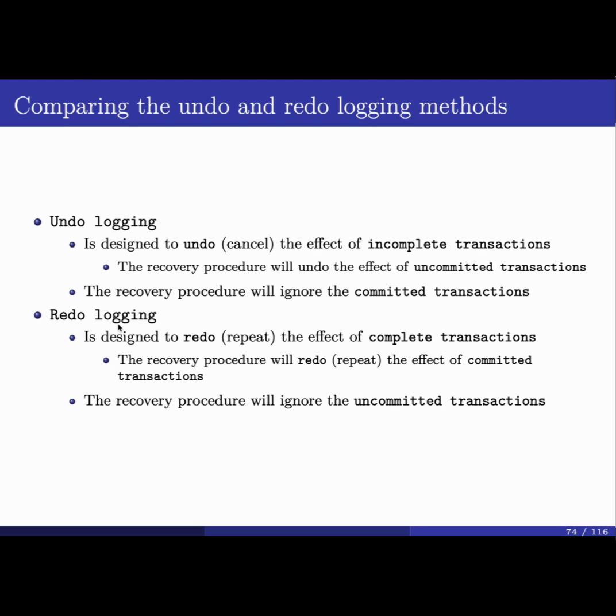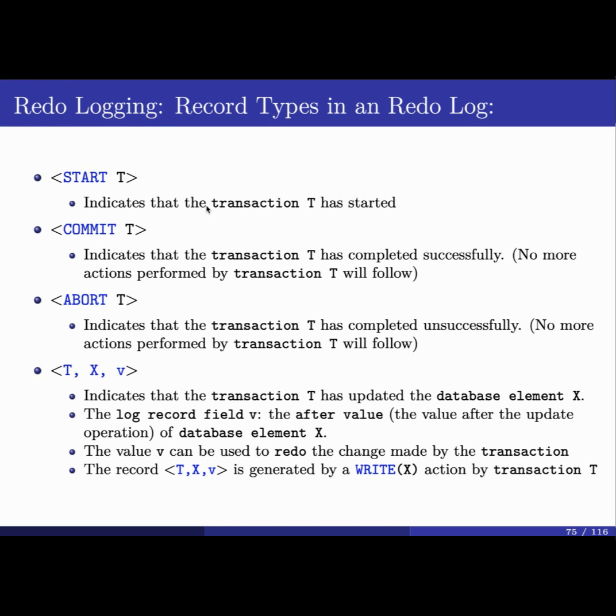So with redo logging, you're going to find log entries in the log file that mix information belonging to committed and uncommitted transactions. In this case, with redo, I just need to redo the committed transactions. What about the incomplete or uncommitted transactions? Just ignore them. Again, how can we write this?